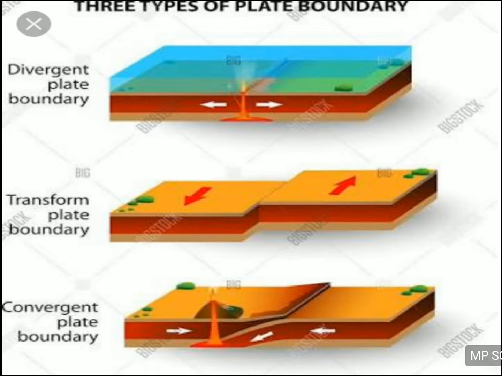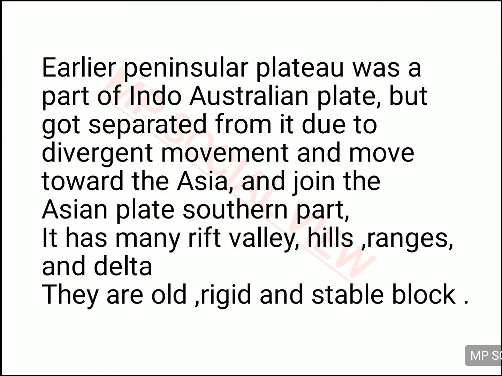So what happened in Australia? The divergent movement occurred. When the peninsular block was part of Australia, the divergent movement occurred, and this peninsular part of India was broken from the Australian block.